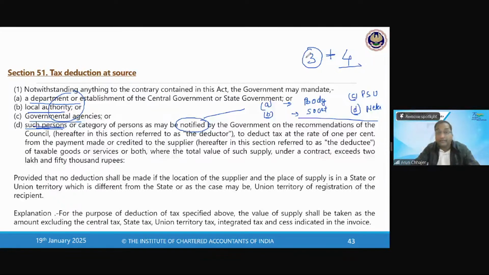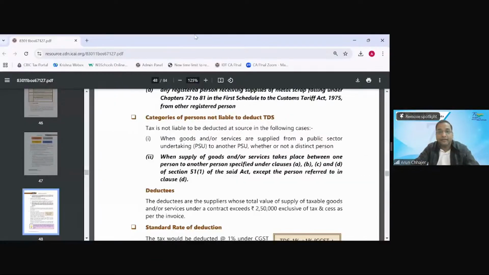Fine. तो क्या ये वाला बहुत important है? What is the importance? They are saying when goods or services are supplied from one PSU to another PSU, no TDS. एक PSU दूसरे PSU को supply करता है, no TDS.